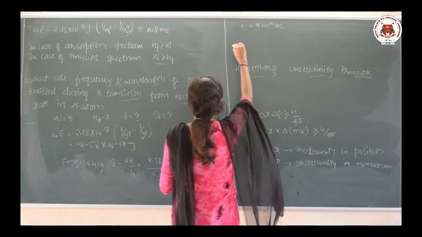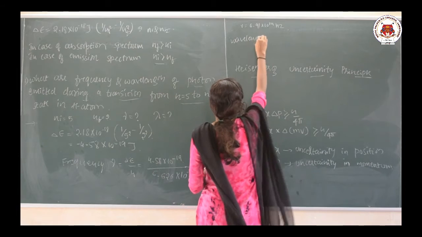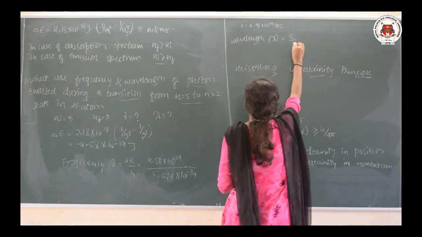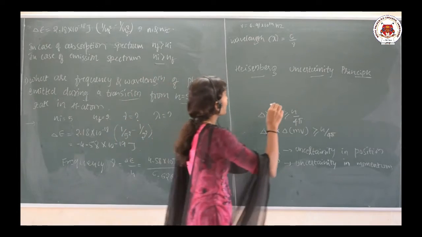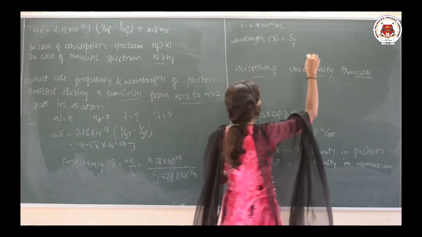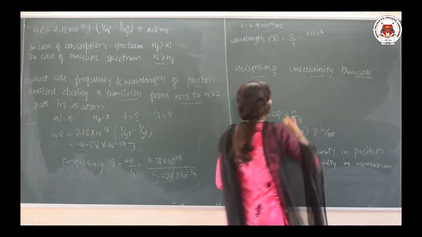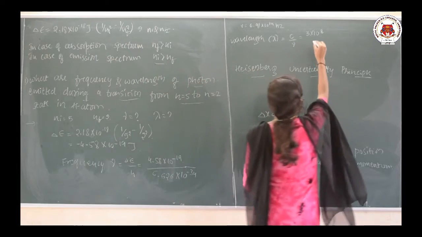So let us discuss the wavelength. Here wavelength lambda is equals to C by nu, where nu is the frequency. You can substitute the value. C is 3 into 10 to the power 8, as you know, it is the velocity of light.